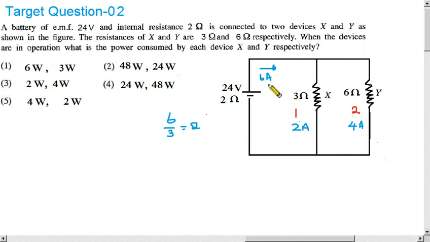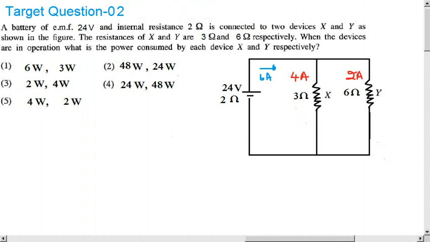Then it is correct. But we have to change these values: 4 ampere to this resistor and 2 ampere to this resistor. So let us now delete this one. Normally we do this without writing anything, but I did that for you to understand easily.